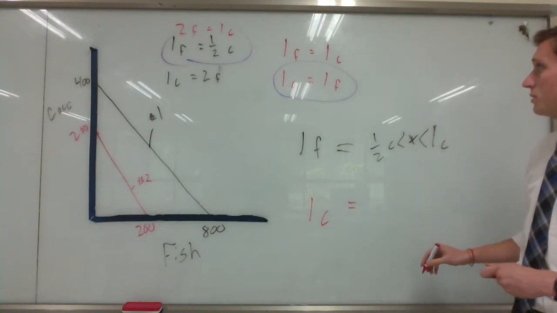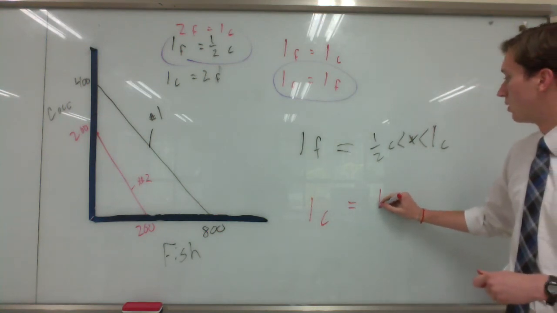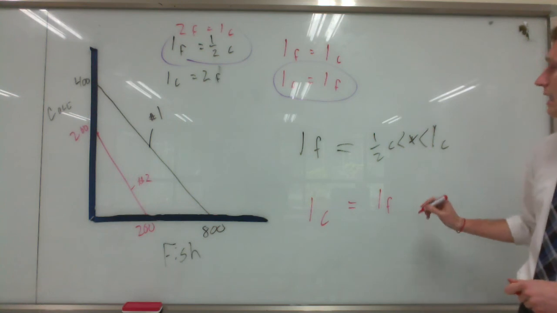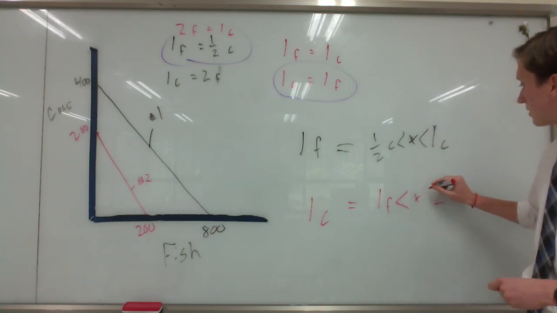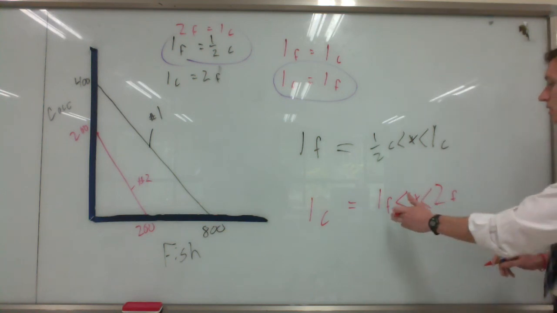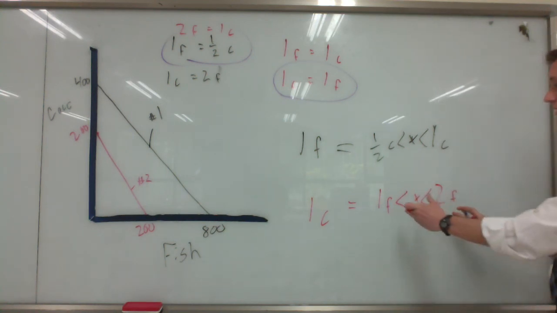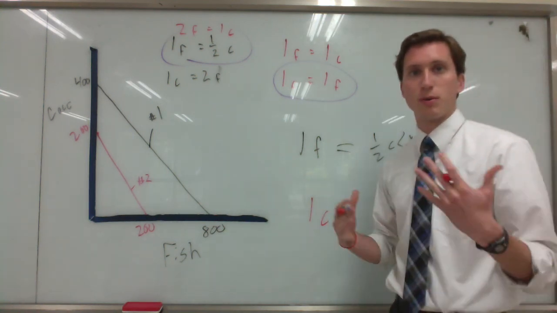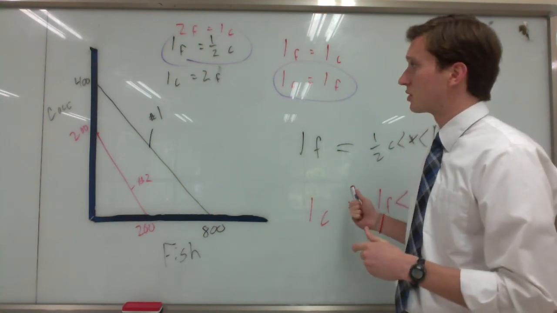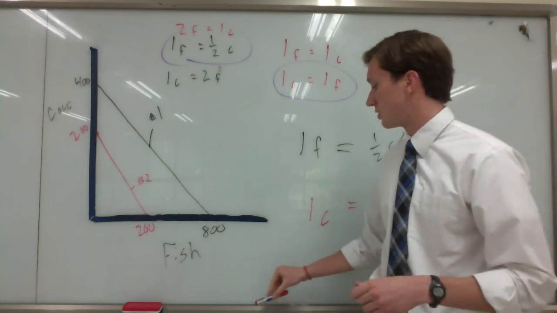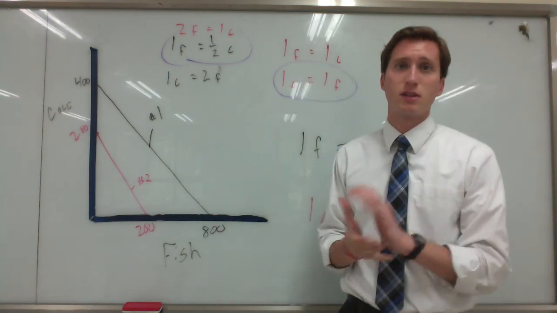So 1 coconut should be traded for between 1 fish and 2 fish. X and X. Anything within this range, both guys will benefit from terms of trade. So that's how you do terms of trade and comparative advantage: use per unit opportunity cost. That's all.